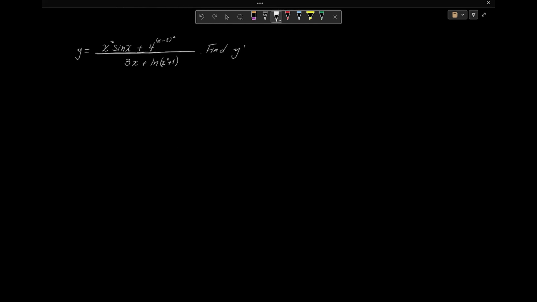All right, let's look at this again. That looks like a complicated, involved quotient rule. So let's do it. So this is again f over g. So y prime is f prime g minus g prime f over g squared. All right. F prime.